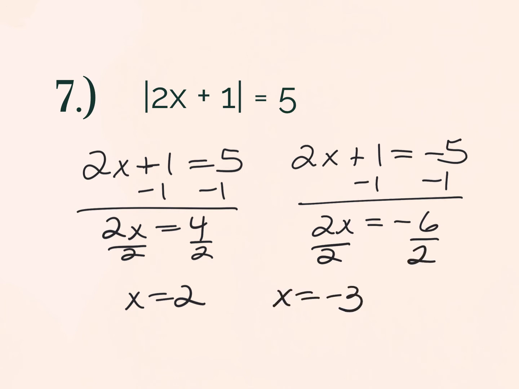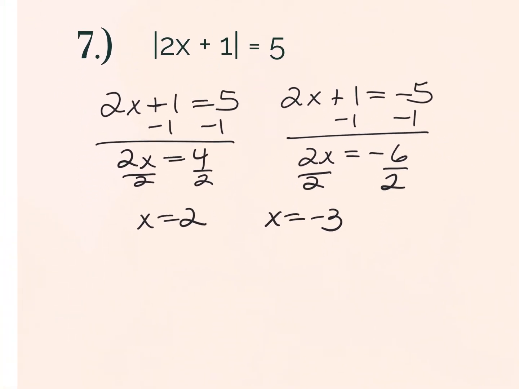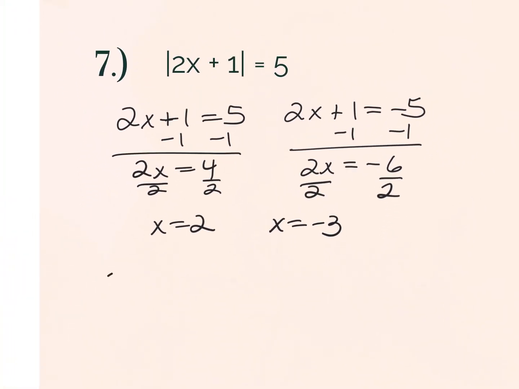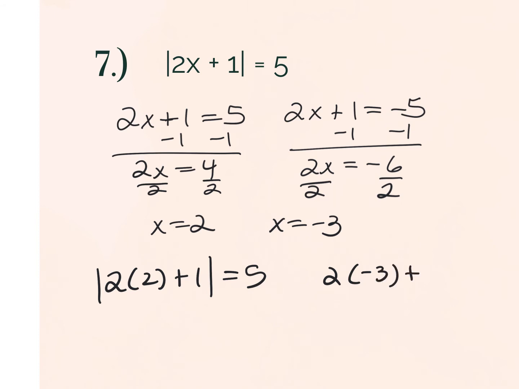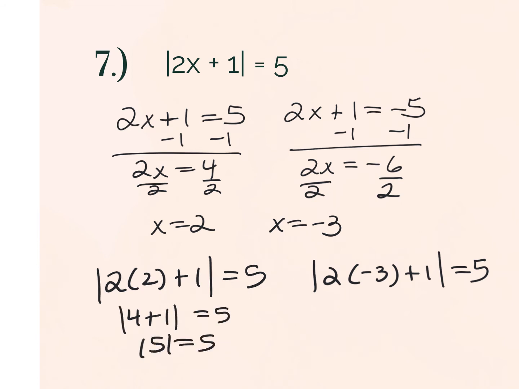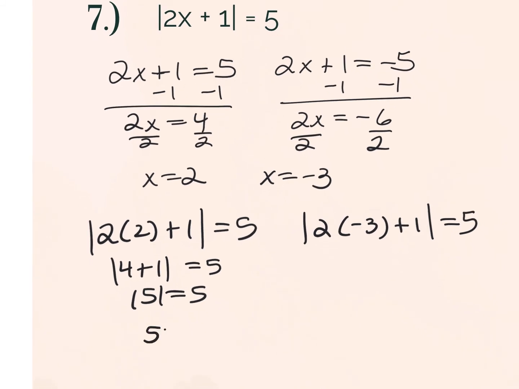So let's plug them back in and let's see if they work. So take the original, 2 times 2 plus 1, and it's in bars. And then here, plug in the negative 3. So 4 plus 1. 4 plus 1 is 5. Absolute value of 5 is 5.